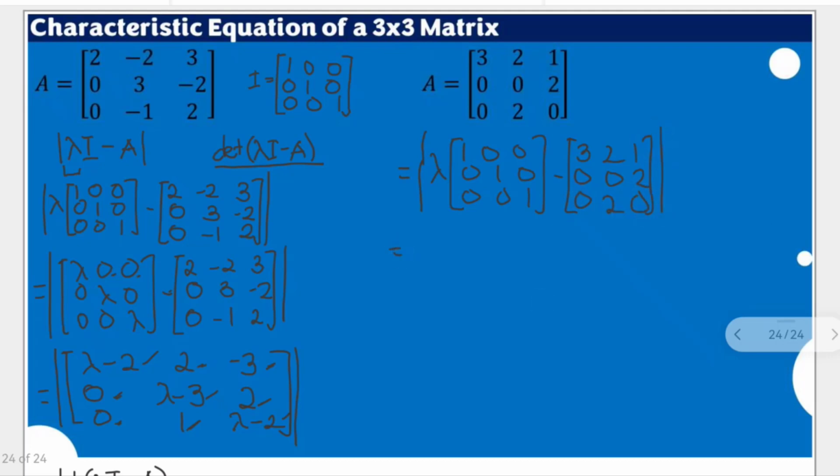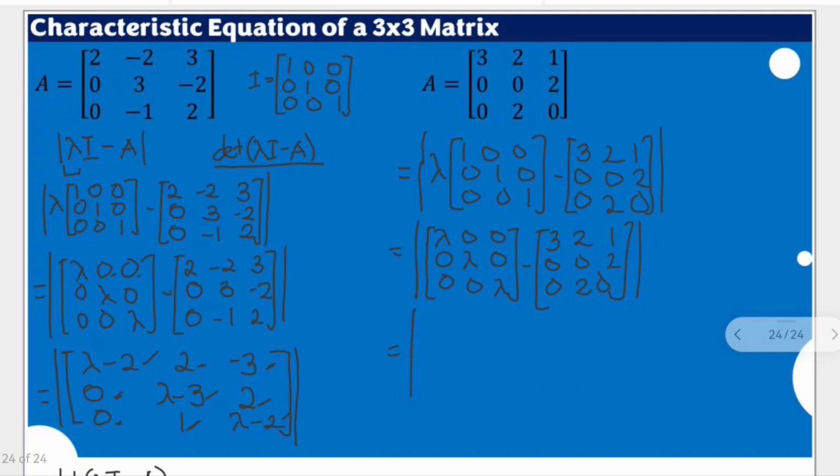Okay? So we'll have it here. Again, you have lambda 0, 0, 0, lambda 0, 0, 0, lambda, minus the same matrix: 3, 2, 1, 0, 0, 2, 0, 2, 0. Subtract them.